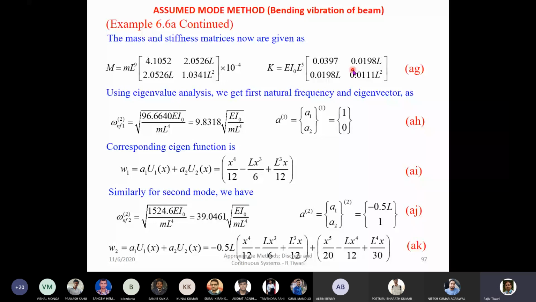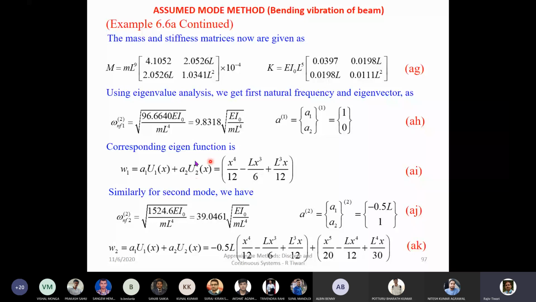And if you solve the eigenvalue problem of this, we are getting one natural frequency, this corresponding mode shape or corresponding eigenvector here, and this is the eigenfunction corresponding to that. Because it is 1 and 0, this term will be 0, so only u1 will be there.